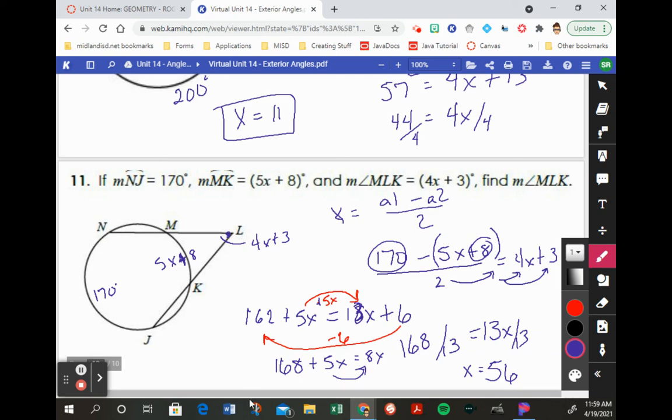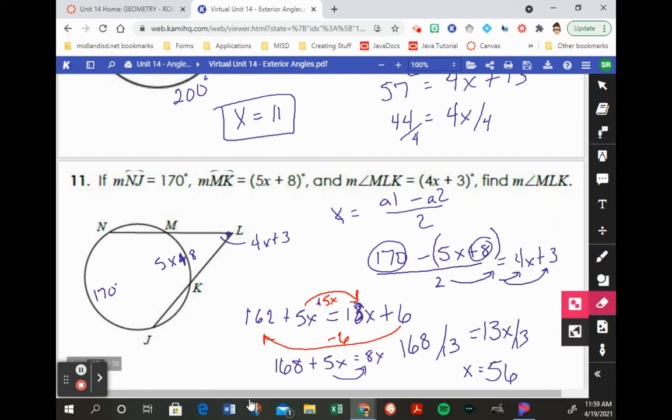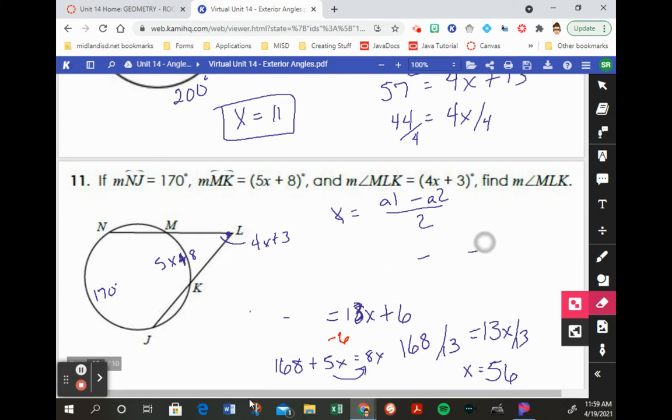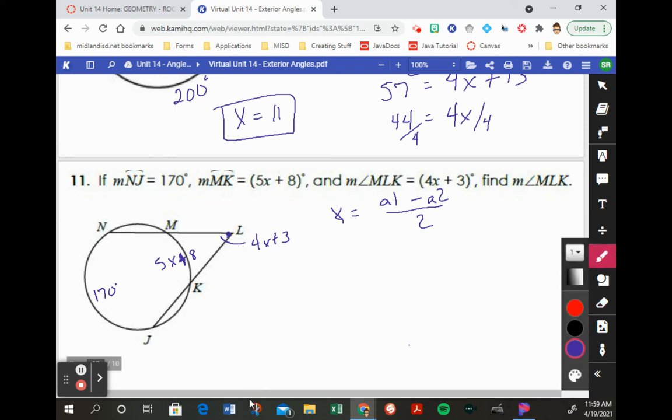I just totally messed up this problem. Let me see if I can fix it. How about we just go with x equal 13? I know you're going like, Miss Rogers, I want to see it worked out. I know you do. Let's see if I can work it out.